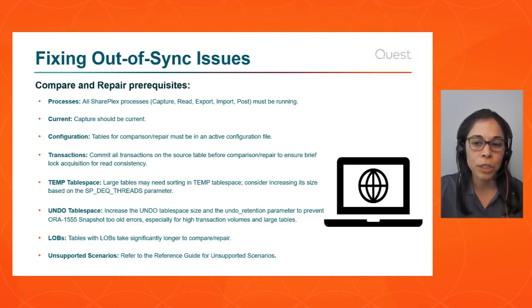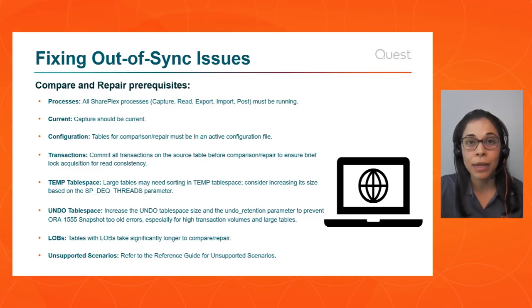Remember to refer to the SharePlex reference guide for any configurations that might not be supported in the compare and repair operations. If you ensure these conditions are met, it is going to help you avoid any interruptions during the compare and repair process, and it is going to provide you accurate and efficient synchronization.